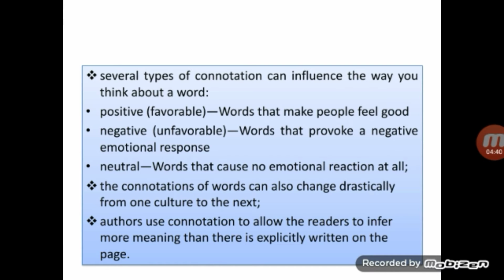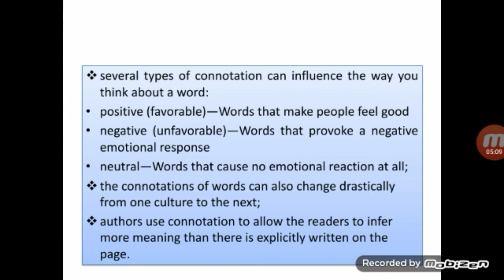There are several types of connotations. They can influence the way we think about any word or phrase. They are positive, negative, and neutral. Positive connotations are favorable, whereas negative connotations are unfavorable. Neutral ones are neither favorable nor unfavorable.